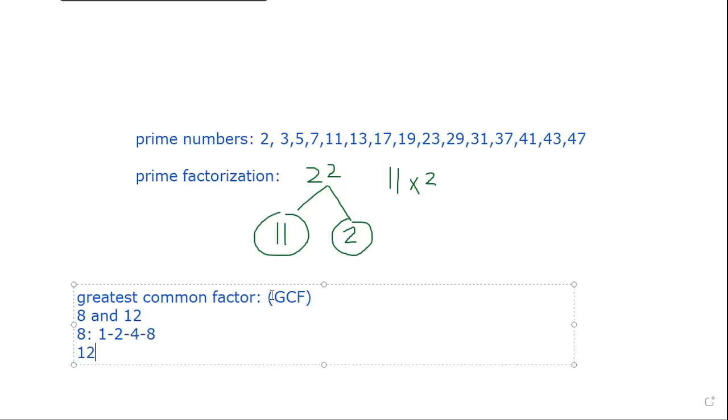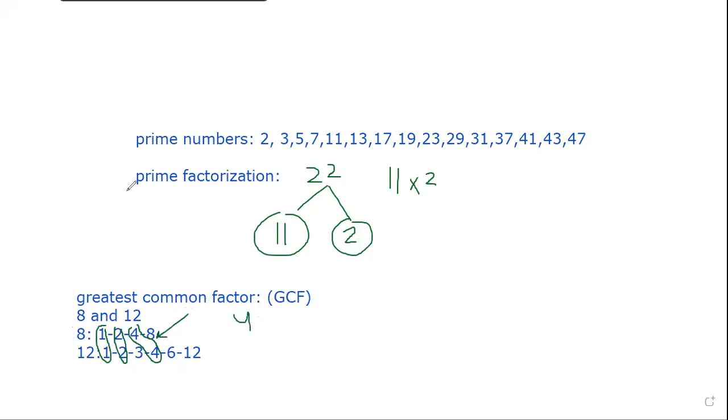And the factors of 12: 1, 2, 3, because 3 multiplied by 4, then 4, then 6, then 12, because each number is a factor of itself. Now, the common factors are 1, 2, and 4. But the question is about the greatest common factor, which is 4.